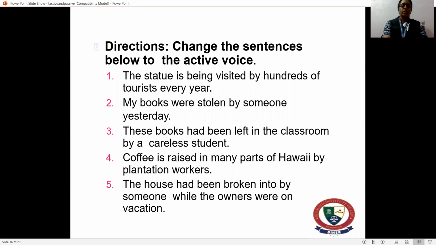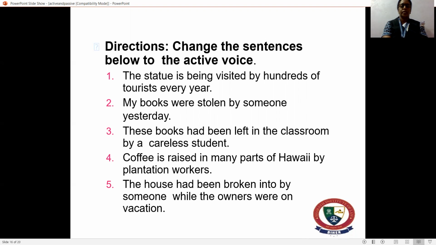Now we need to have certain exercises. These sentences students can try. I'll read out these sentences. All these sentences are in the passive voice form and you can take them as an exercise and try to convert them to the active voice form.